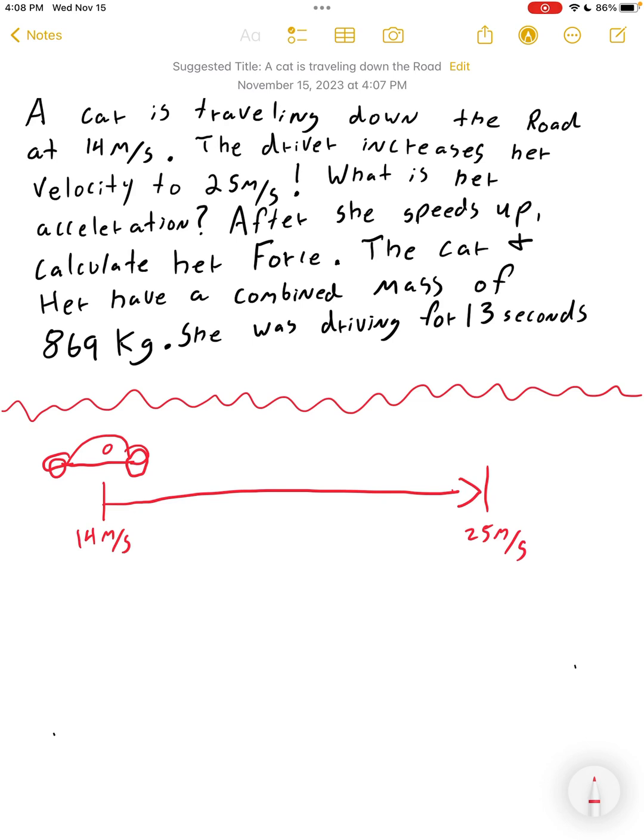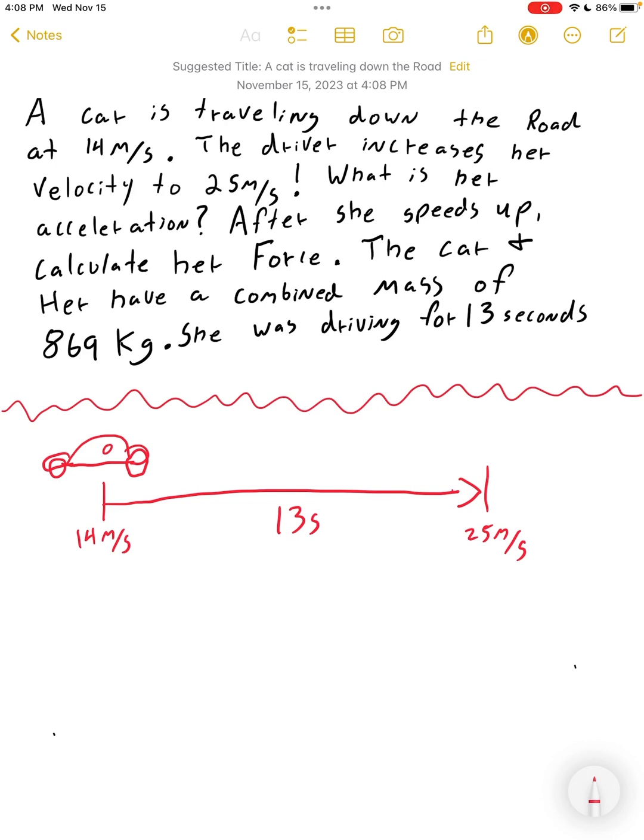That's about 90 kilometers an hour. So she definitely sped up. Maybe she was trying to get to McDonald's or trying to get her kid to school, or some kind of malandra running from the police or something. Who knows? But she definitely increased her velocity, going from 14 meters per second to 25 meters per second. And we know that this took 13 seconds. So a lot of good information there.